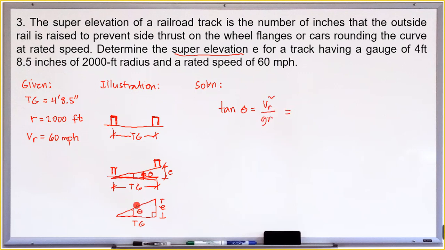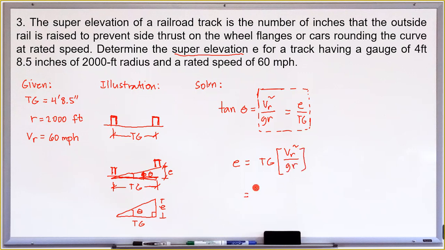Again, by this geometry sa rails nato, that is also equal to super elevation divided by the track gauge. Okay? So since wala may given nga theta, gamiton nato ang given nga velocities and radius. So therefore, solving for E, cross multiply lang, we have the track gauge multiplied by rated speed squared, over GR.